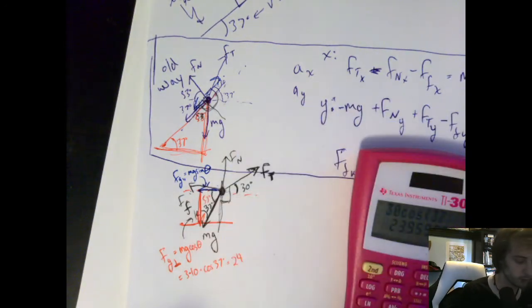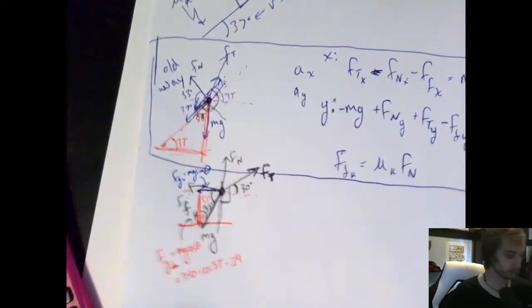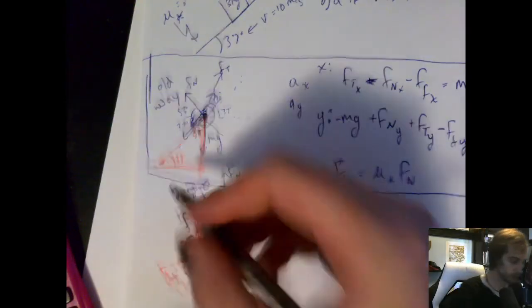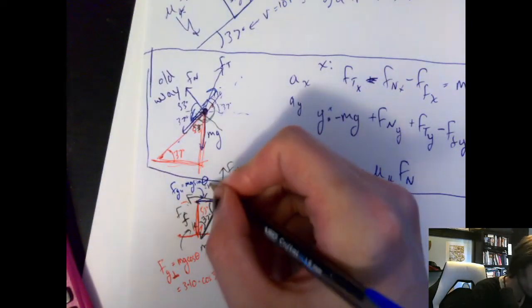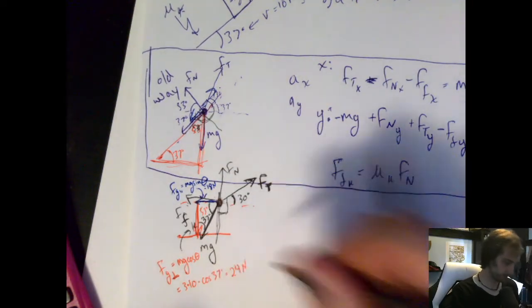And this one will be 30 times the sine of 37, which is 18. So I have my components for gravity.